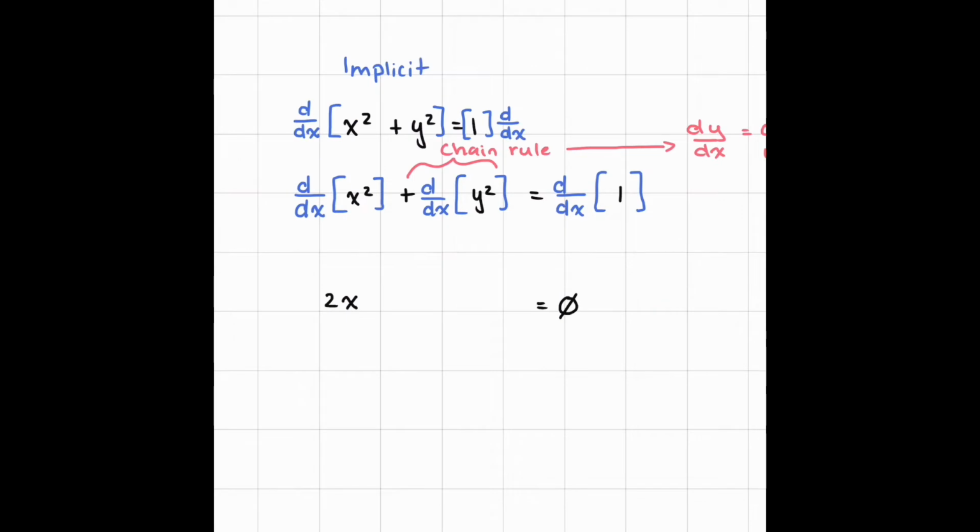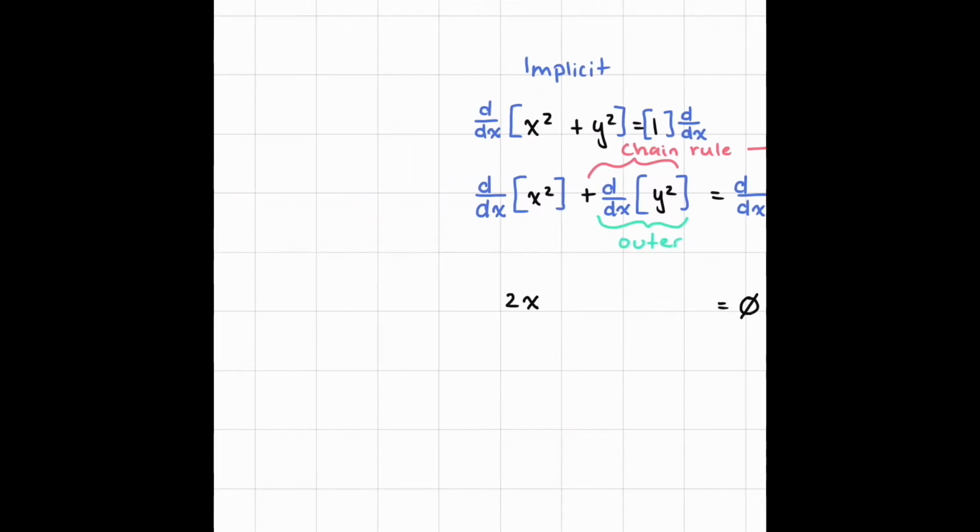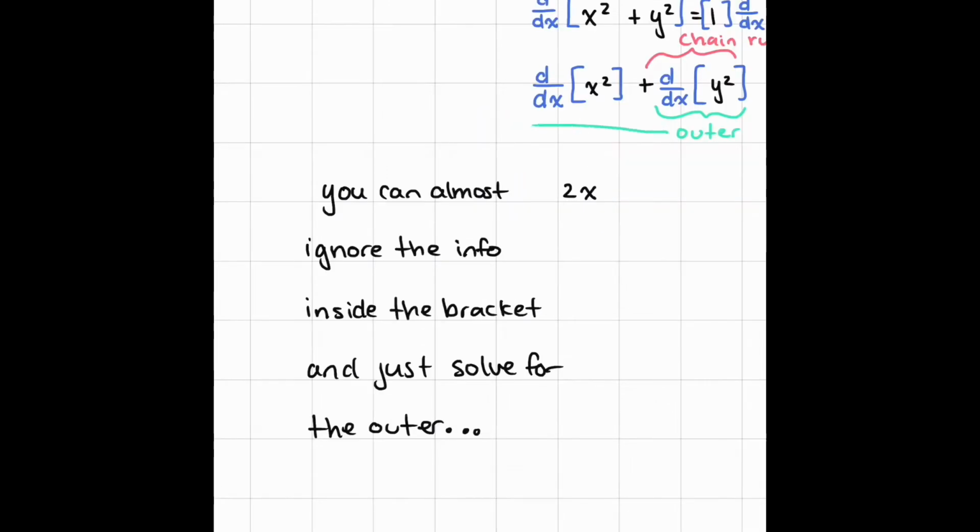So with the chain rule, we're going to solve for the outer part first. And in this case, you can almost ignore the info that's inside of the brackets and just solve for the outer. In other terms, it's just like having an equation where you really don't know what's inside that bracket, but you're assuming that there could be an x value. So when you solve for this, you just get 2 plus whatever is inside the bracket.